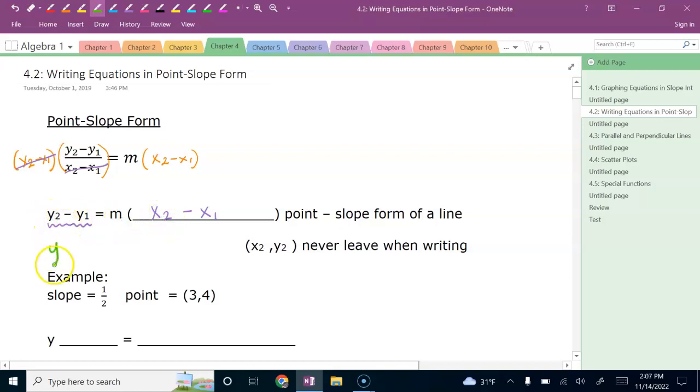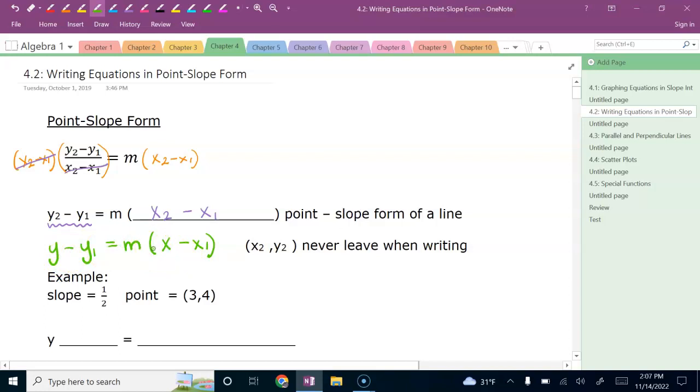I'm just going to write y minus y1 equals m times x minus x1. Now, the x2, the y2, or just my x and my y that I wrote down here, I'm not going to plug anything in for those. I'm going to leave them as just x and y.